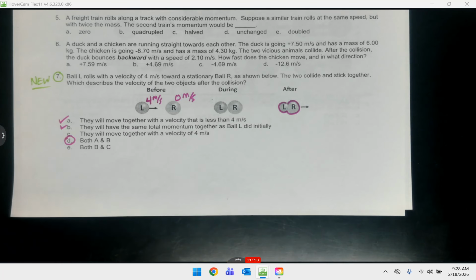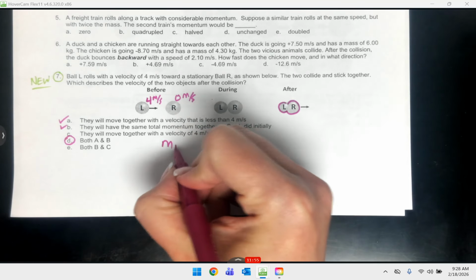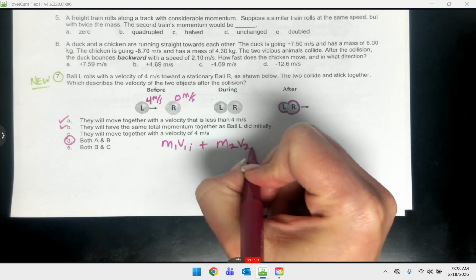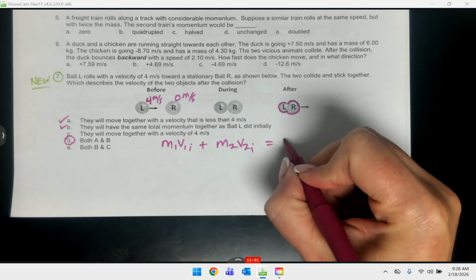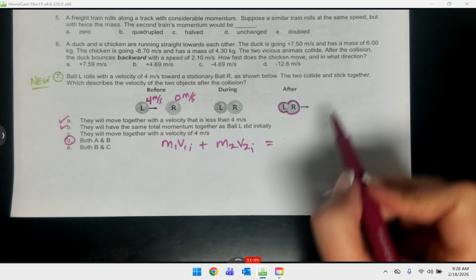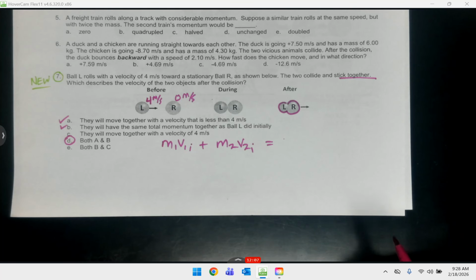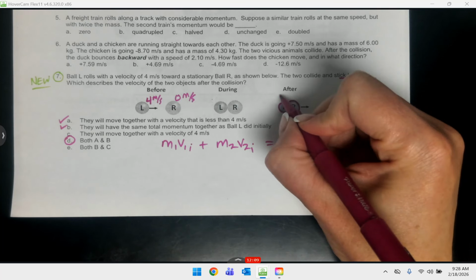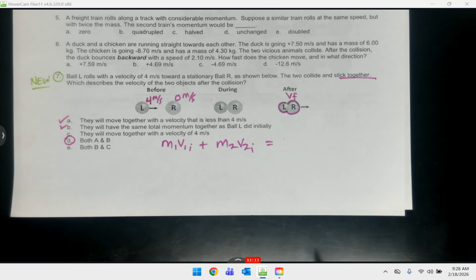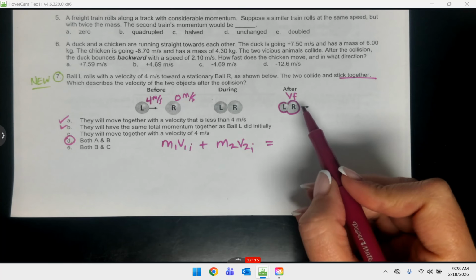Again, you could solve it. If you're solving it, M1 V1 initial plus M2 V2 initial equals, and then here's where it looks a little different anytime you have a situation where you have stick together, because there's no V1F and V2F, there's just VF. When they stick together, they move at the same final velocity.